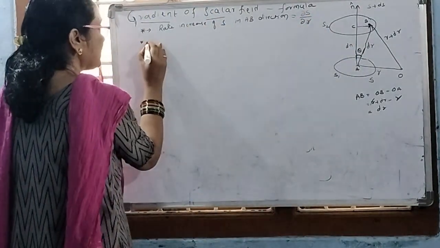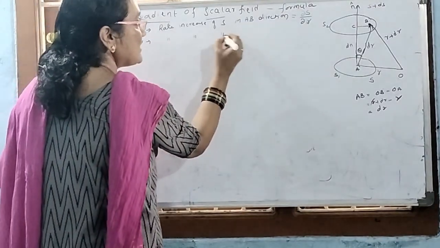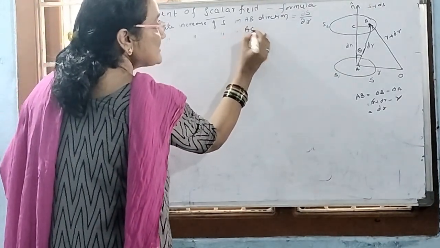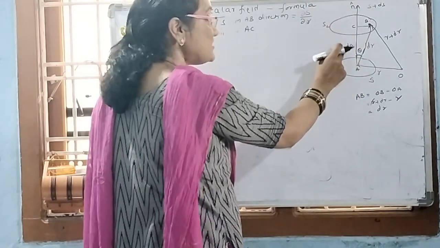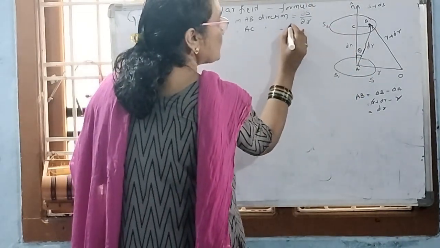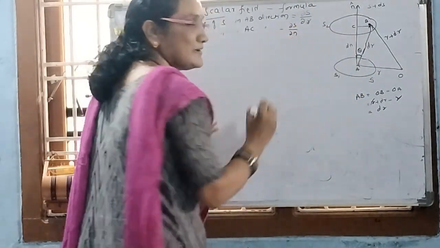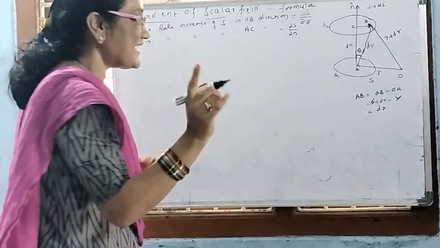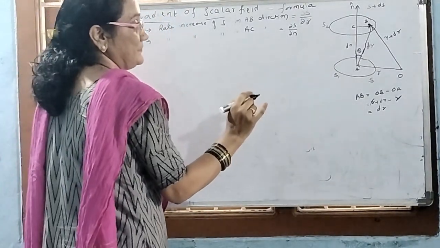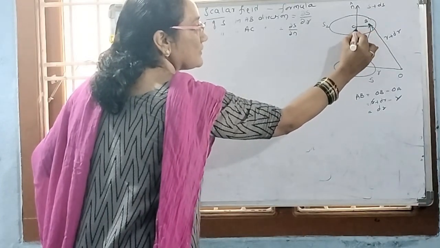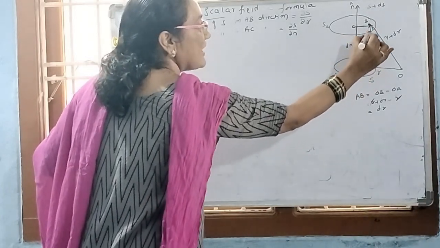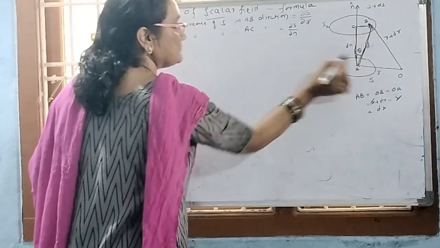Similarly, the rate of increase of S in the AC direction, the least or minimum distance is dou n. So, dou S by dou n. Right? Now, next, you see here a triangle is forming, triangle ABC with angle theta.